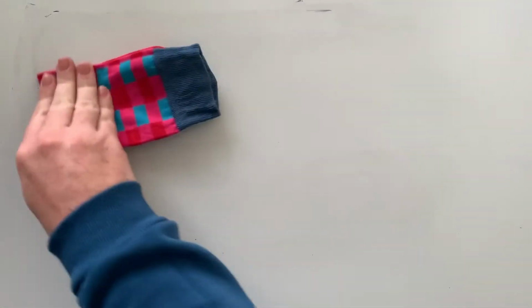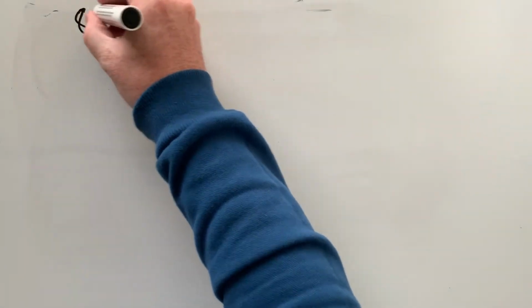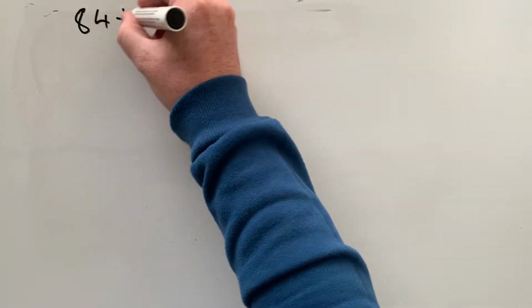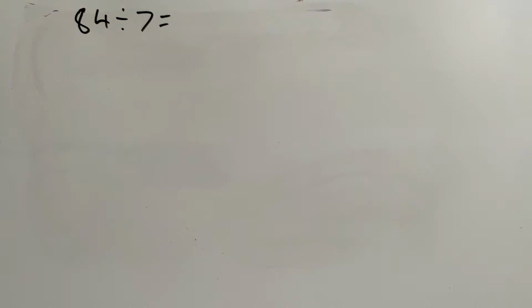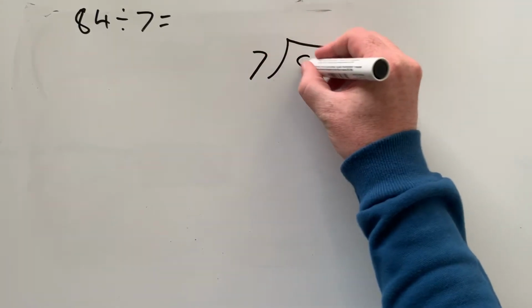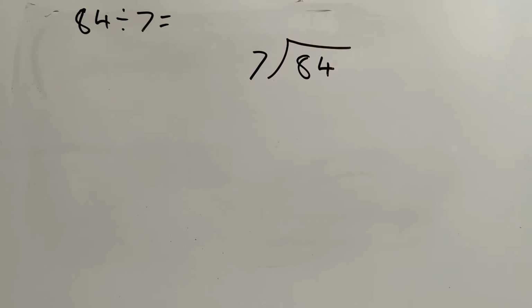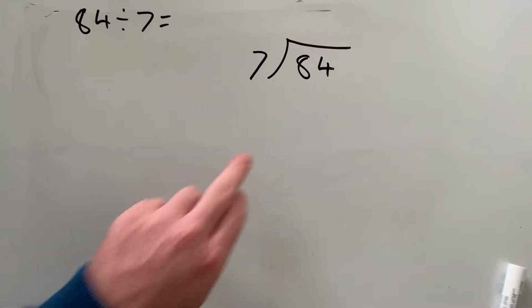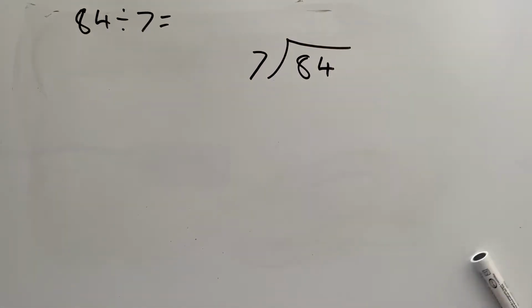Let's see, what does 84 divided by 7 equal? Okay, so let's represent that this way here. First off, we need to get out 84 using the blocks.